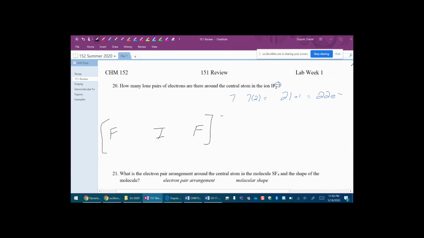Fluorine only makes 1 bond. 2, 4, 6, 8, 10, 12, 14, 16, 18, 20, 22, right? Extra electrons go on the central atom as lone pairs. So iodine can violate the octet rule because it's in the 3rd period or below. So it looks like I have 3 lone pairs around the central atom, 5 pairs total.